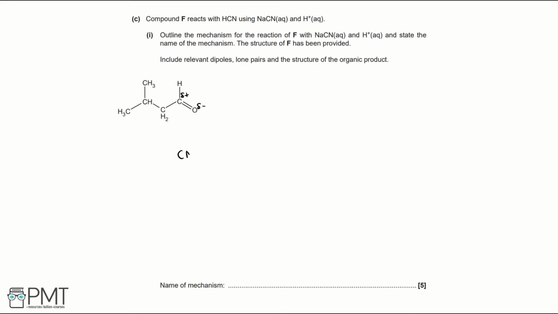And then we have our CN- that we get from our NaCN. And this negative CN, or this nucleophile, is going to be attracted to the positive carbon. And then we're going to form an intermediate. So keeping everything else the same, so we have CH, CH3, CH3, CH2, because a lot of the time people get tripped up by messing up the first bit of the reactant.